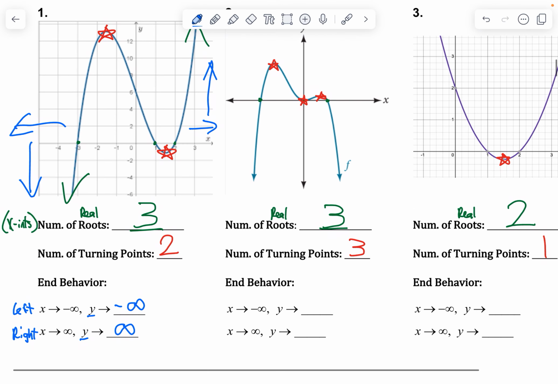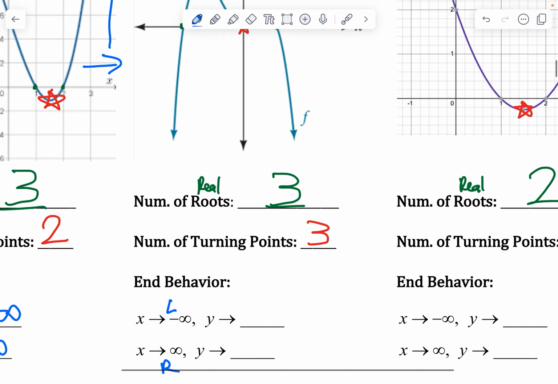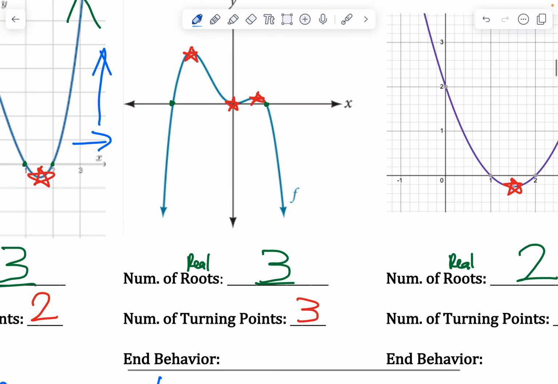Cubic functions are odd, so they should be going in both directions. So as I go to my second one, same thing. This is left, this is right, if you want to add that in. But I actually don't really have to pay attention to left and right because both of my arrows are going down.